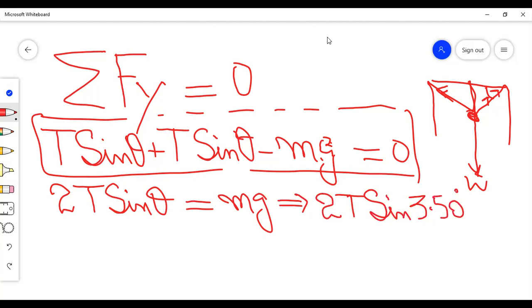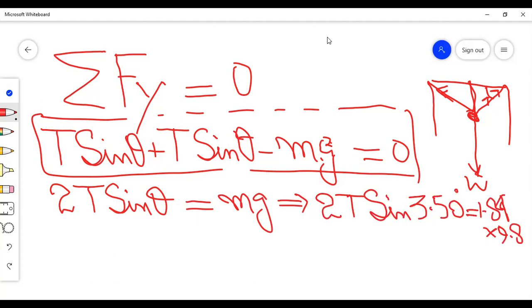Now you will have to make use of the calculator also. This is m, and what was m? m is 1.84 multiplied by 9.8.